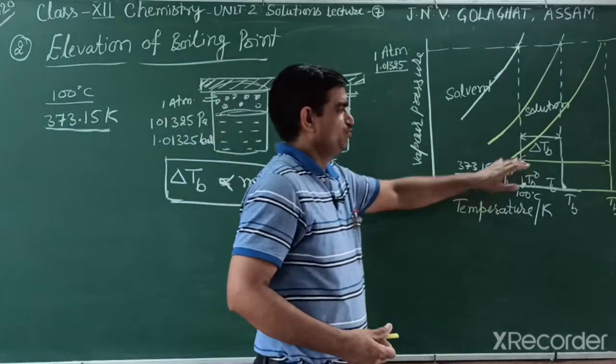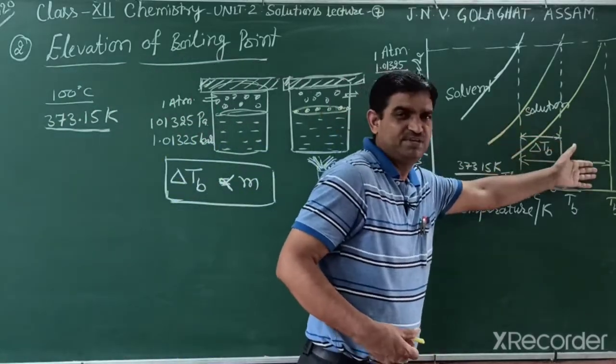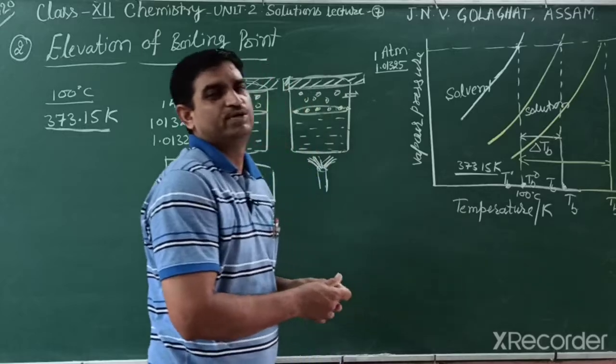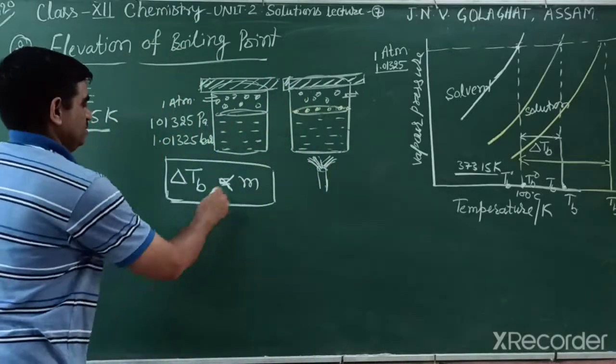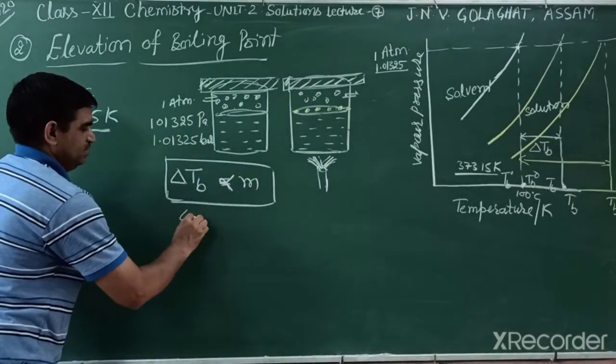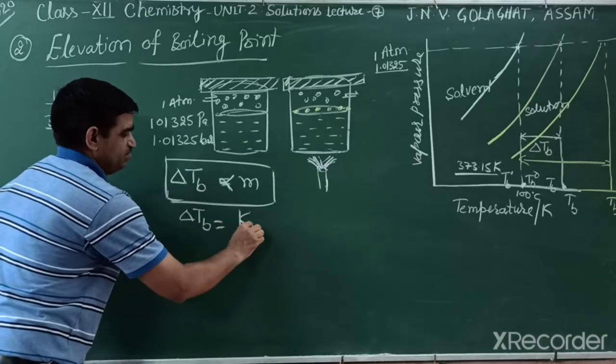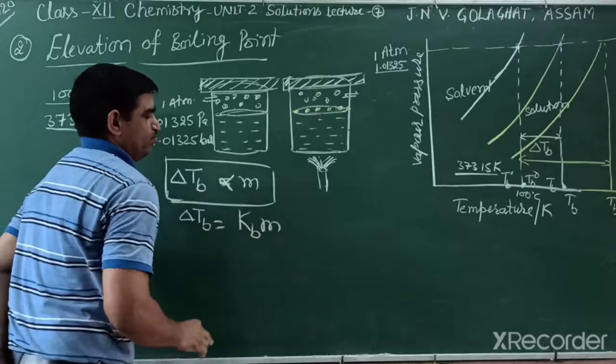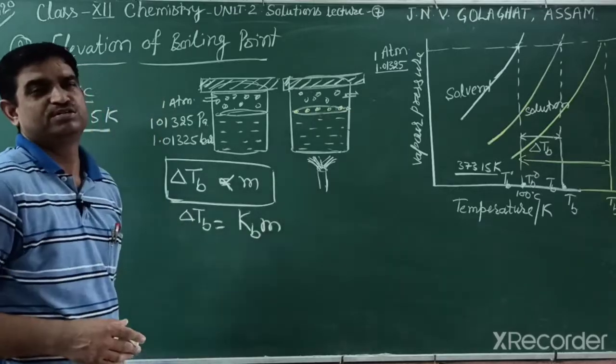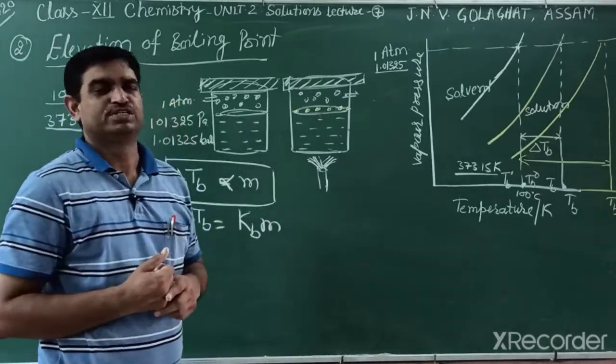It means the more solute you mix, the greater the elevation. Removing the proportionality sign, delta TB is equal to KB times m, where KB is the molar boiling point constant, or ebullioscopic constant.